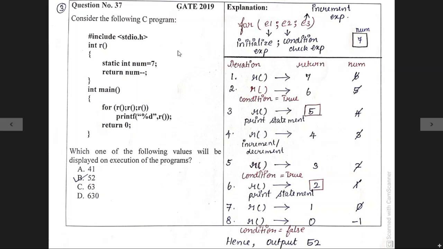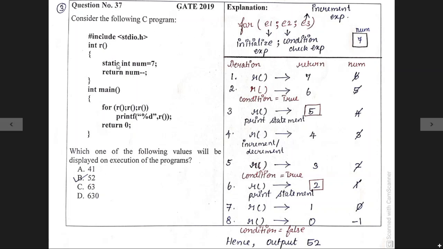So, coming back to the main function, in the for loop, the first statement contains the calling function R function. Now the control is transferred to the actual definition of the R function.